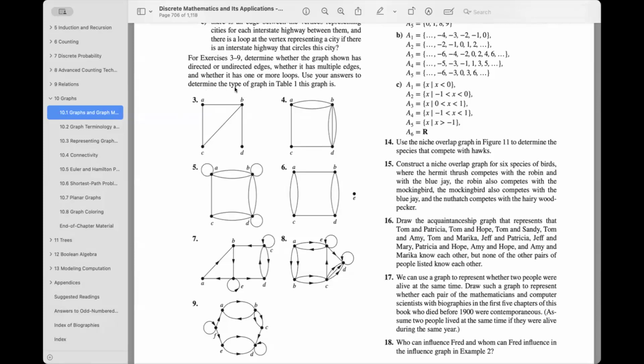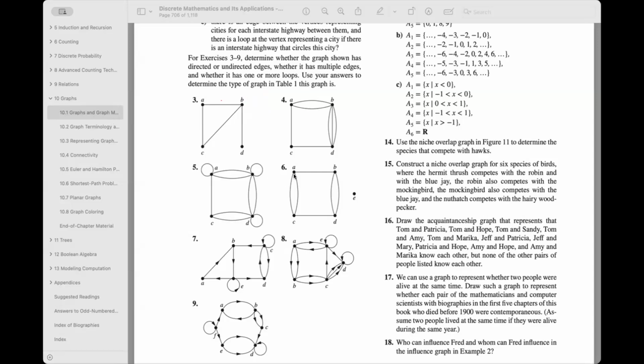All right. So 3. You can see that these edges don't have directionals like this. So this would be a simple undirected graph. It has no directed edges, so they're undirected, and you don't see multiple edges connecting two vertices. You also don't see something that looks like this, so that means there are no loops. All right.